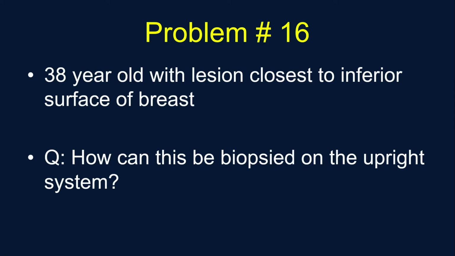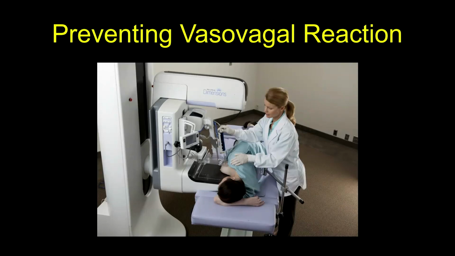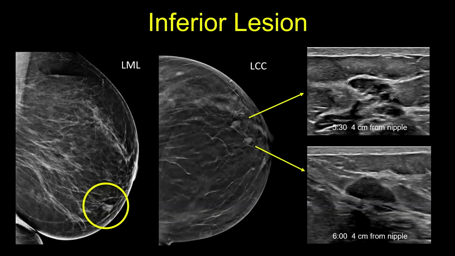Okay, so problem 16, 38-year-old with lesion closest to the inferior aspect of the breast. How can you biopsy an inferior lesion on an upright unit? So here we have a 38-year-old on baseline mammogram. She had 2 adjacent lesions in the inferior breast.